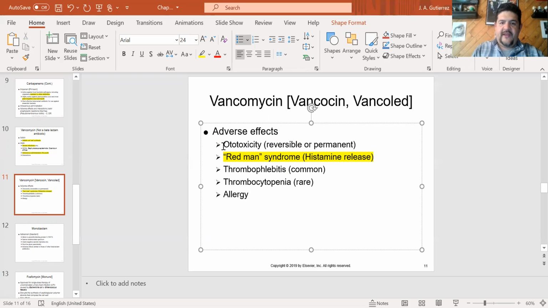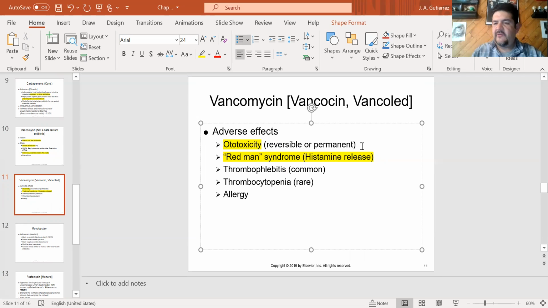The other thing regarding vancomycin is ototoxicity, damage to the ear. So here you have to make sure that you evaluate the patient regarding the functions of the ear, and that's hearing and balance.